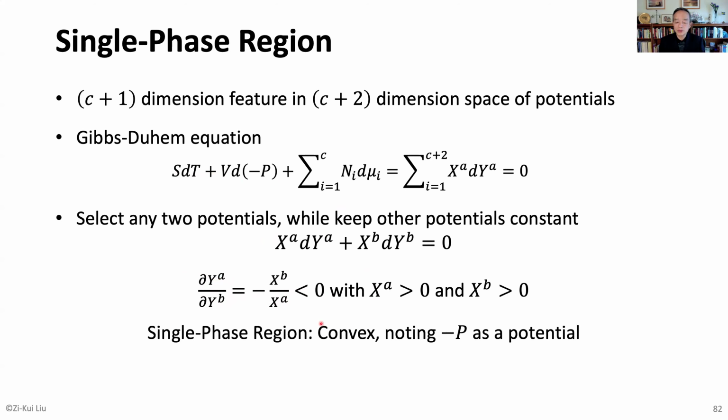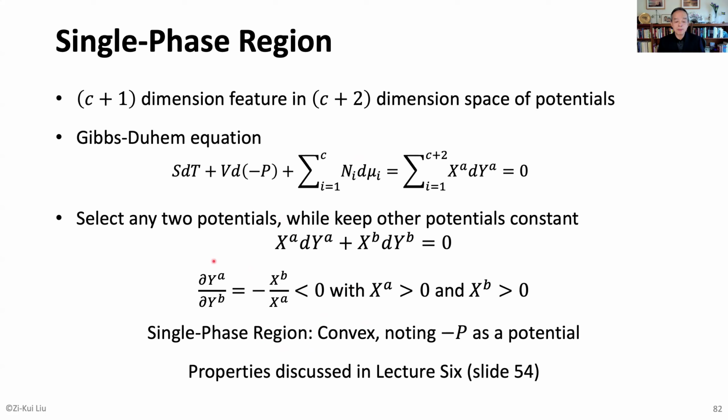So that means a single phase region in this C plus 2 dimension space of potentials is convex. But please note that we have this minus P, okay? That's just because the surrounding gives the pressure to the system, right? So that's why it's minus P. So everything is convex for each phase.